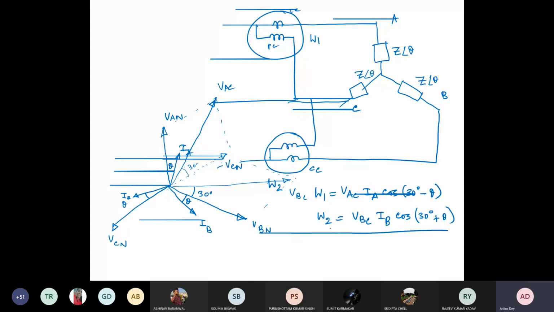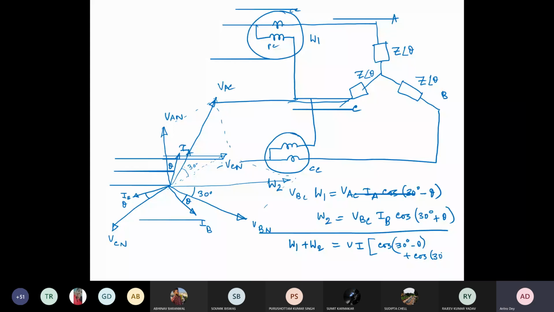So if we add them up, W1 plus W2, then we can get it as V into I into cos of 30 minus theta plus cos of 30 plus theta.